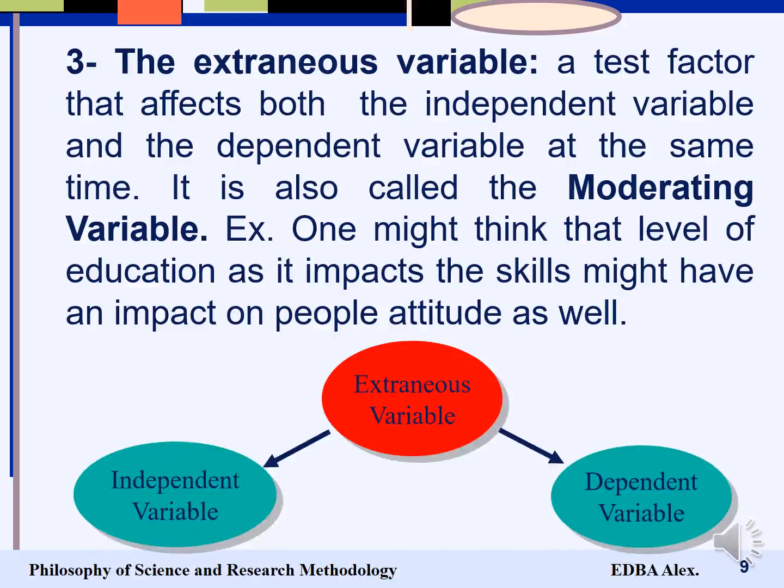It exists outside the relationship between the independent and dependent variable. It is not in the path of the relationship. The extraneous variable affects the independent variable and the dependent variable at the same time. This is why you may observe a relationship between these two variables.